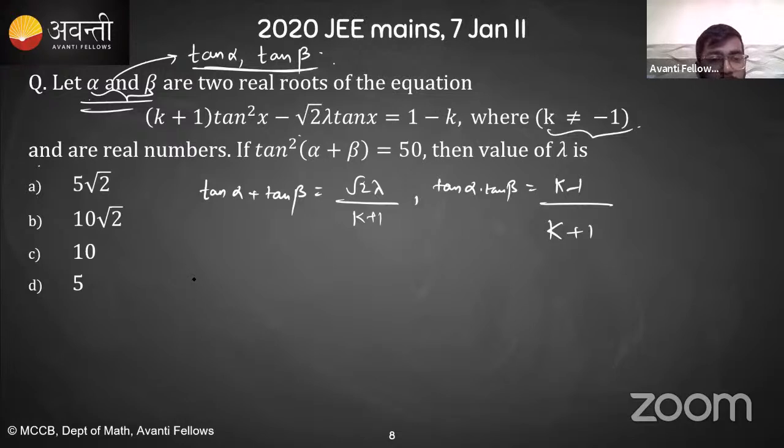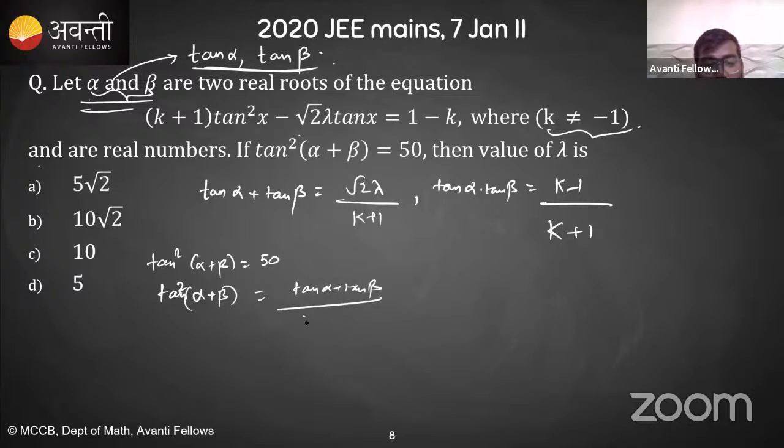So we have been given that tan square of alpha plus beta is equal to 50, correct? So we will just substitute tan of alpha plus beta. What is tan of alpha plus beta? Tan square of alpha plus beta will be tan alpha plus tan beta upon 1 minus tan alpha tan beta, whole square, right?